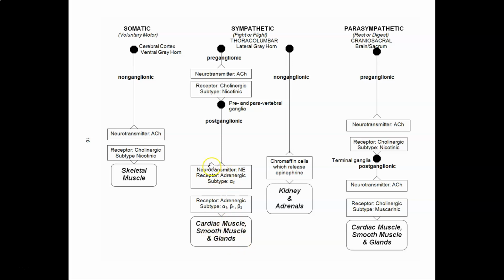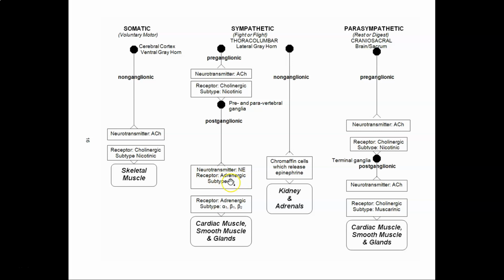Now those are a little more complicated because we have a different neurotransmitter that's typically released in this area, and that's norepinephrine. The receptors that we have are called adrenergic receptors, and adrenergic receptors respond to adrenaline. Adrenaline is known as epinephrine scientifically, and it has a close relative which also excites these receptors called norepinephrine or noradrenaline.